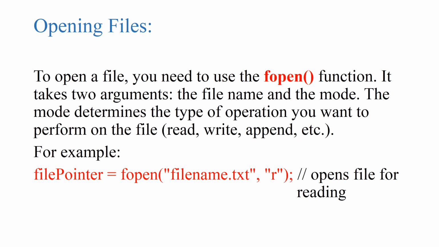The fopen function is a standard C library function used to open files. It takes two arguments. Next, the file name.txt is the name of the file you want to open. Next, r is the mode argument indicating that the file should be opened for reading.